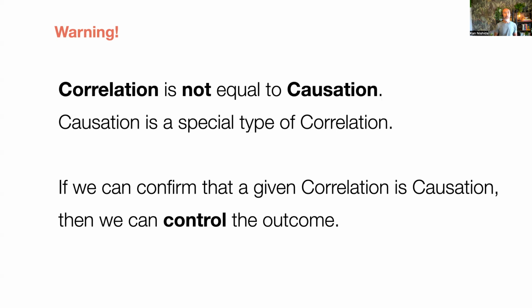If we can confirm that a given correlation is causation, that is the best case, right? Because then we're talking about controlling the outcome the way we want, as long as we can control one of the variables.